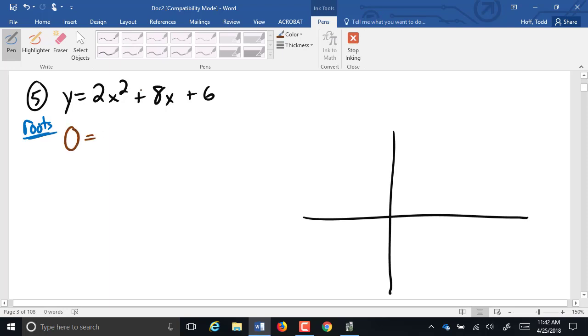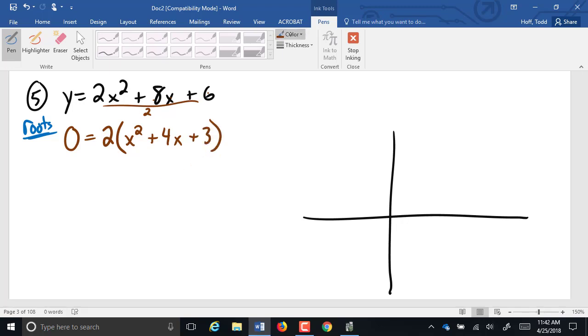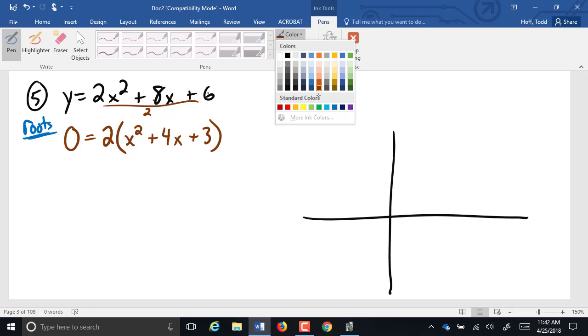But the first thing we see there is every number on that side is divisible by 2. So if I divide that by 2, 2x squared divided by 2 is just x squared. 8x divided by 2 is 4x. And 6 divided by 2 is 3.